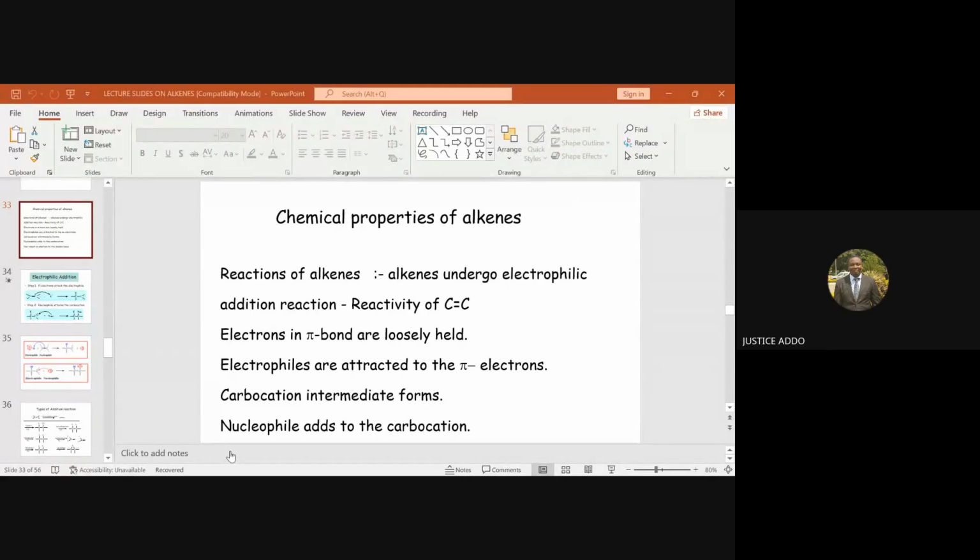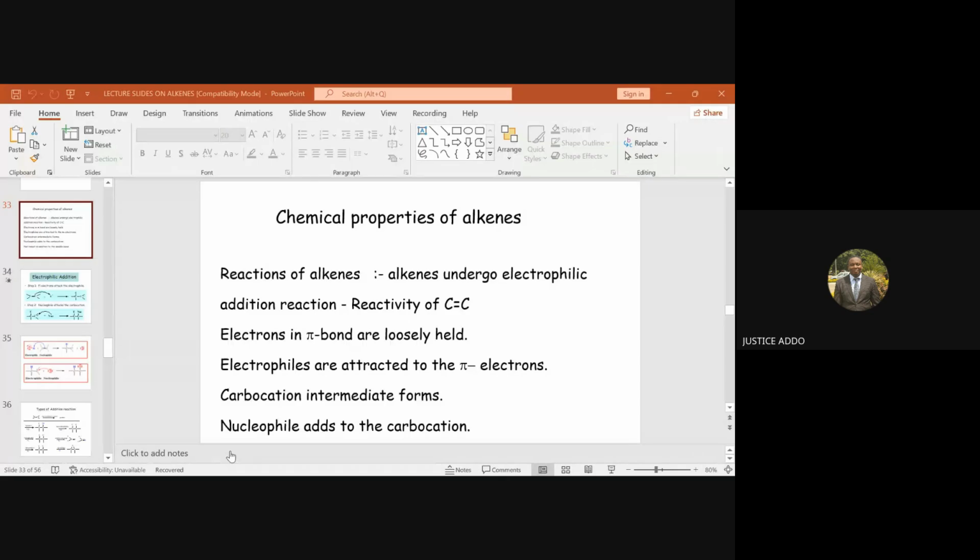All right, so looking at the chemical properties of alkenes, we are looking at how alkenes react under different conditions. But then the question we want to ask ourselves is, we got to know alkanes are non-reactive.